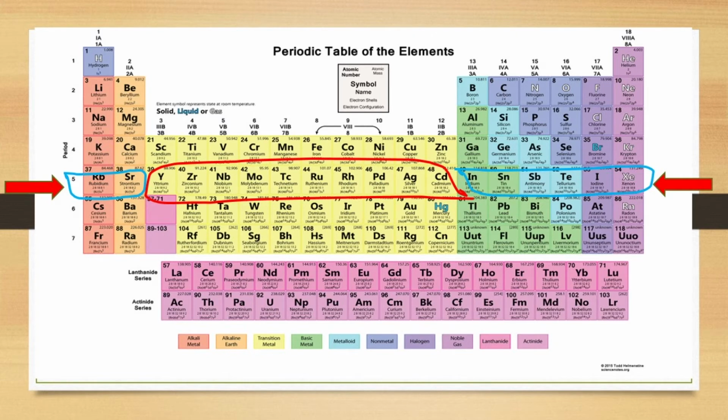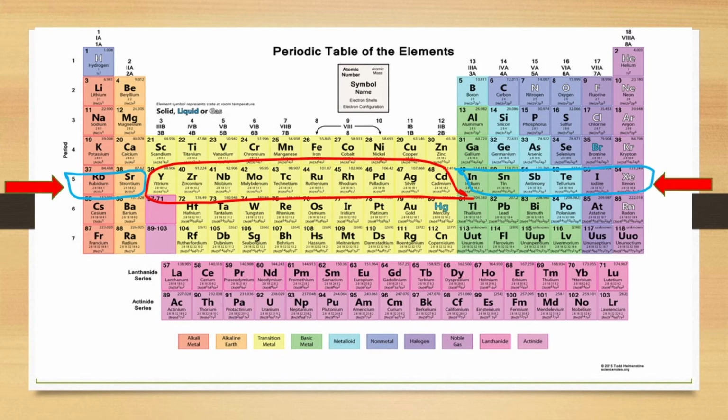This is also a long period with 18 elements. The elements are from rubidium to xenon. This period also contains 8 normal elements and 10 transition elements. Their atomic numbers are from 37 to 54.